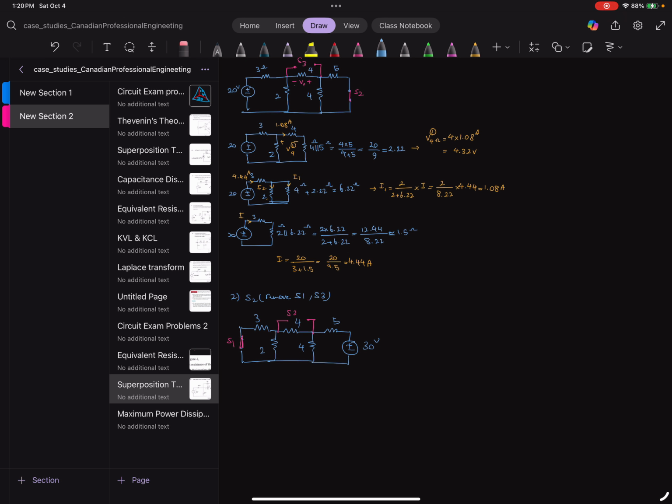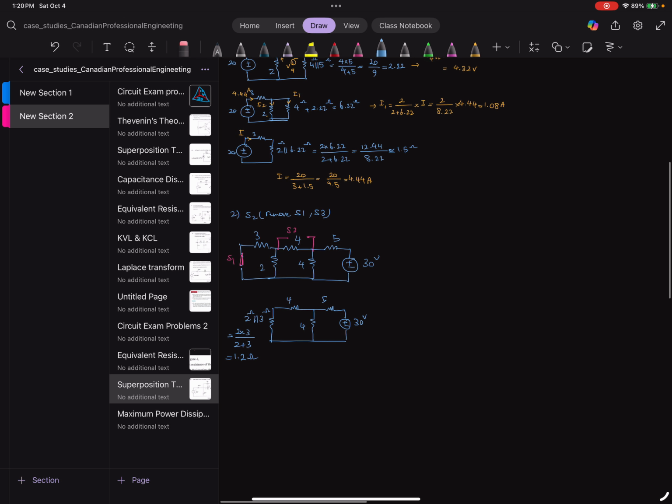So we have 30 volt, 5 ohm, 4 ohm, 4 ohm, and then here we have 2 ohm in parallel with 3 ohm, which is 2 multiplied by 3 over 2 plus 3, which is going to be 1.2 ohm.